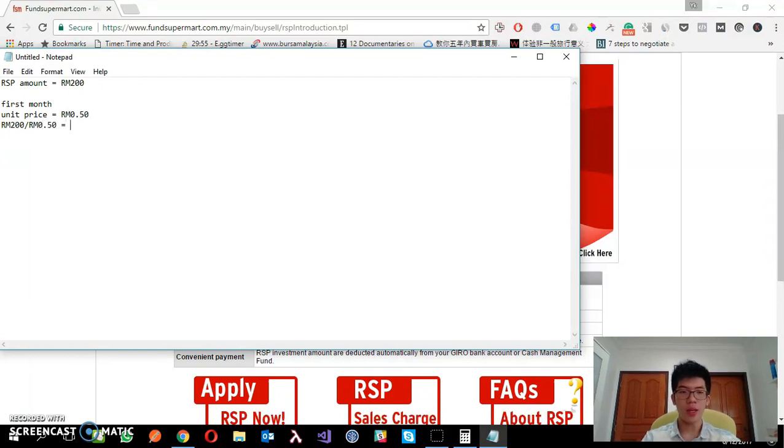How much can we buy? We get 400 units of this fund. Second month, let's say the unit price dropped to 45 cents. Since we're using the same amount every month, it's 200 ringgit divided by 45 cents. So here we roughly get 434 units.